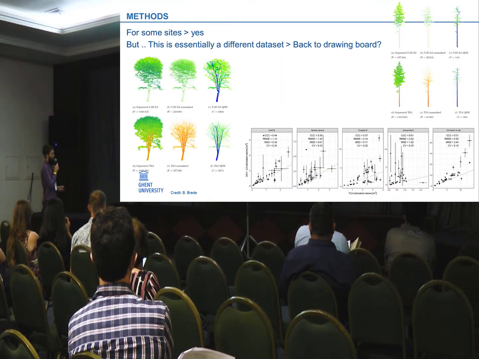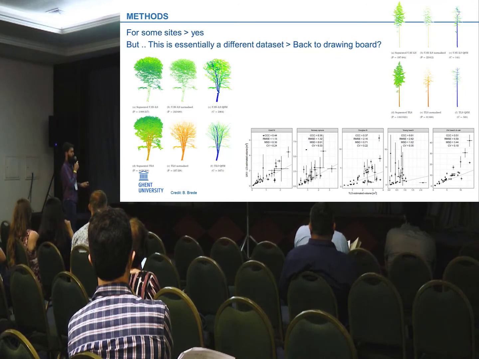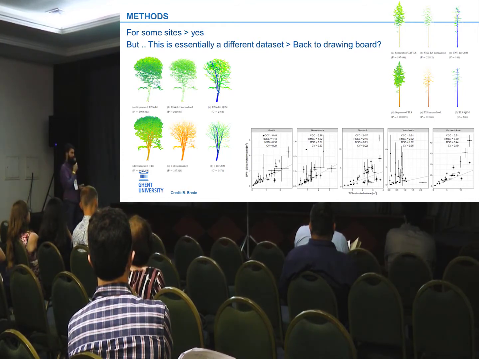This is a little bit of extra work that we did in the Netherlands on trees there. These are the same trees. The bottom row is with TLS, and this is with the same LiDAR system, and these are some conifer trees. This was also leaf on, so we stripped the leaves and made the QSMs, and you can see that there are a lot more cylinders in the top for the UAV LiDAR data compared to the terrestrial LiDAR data.